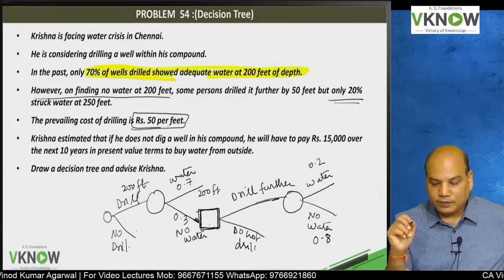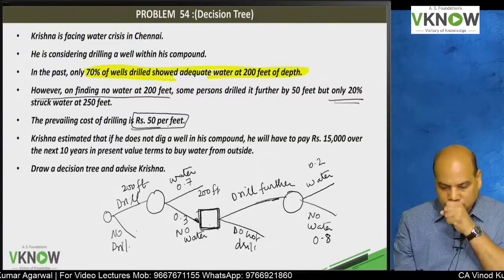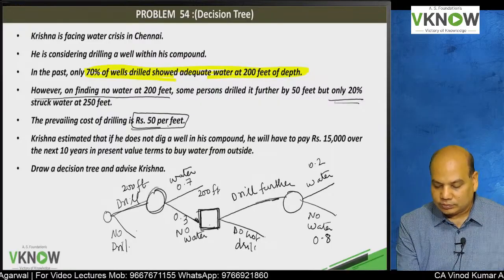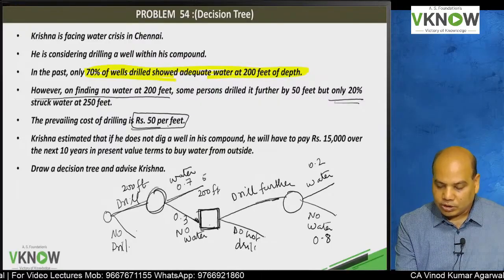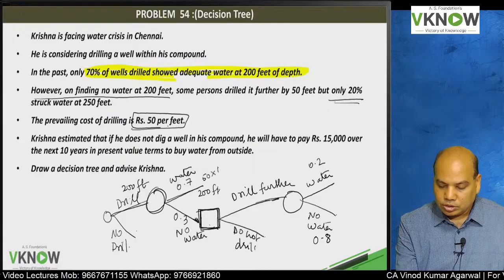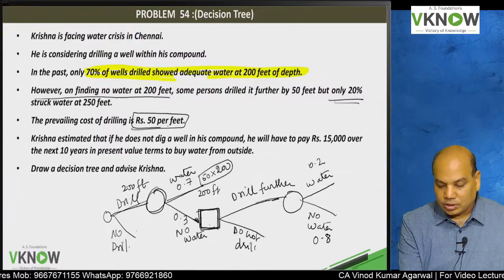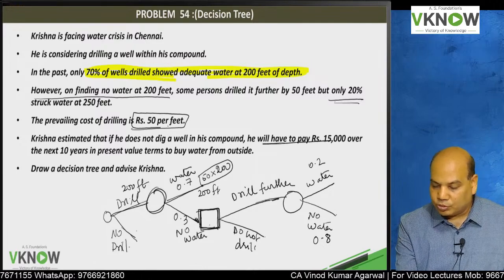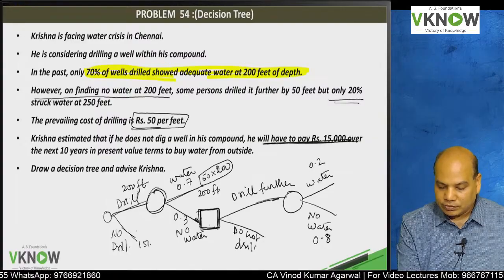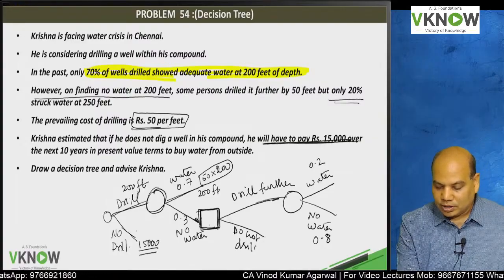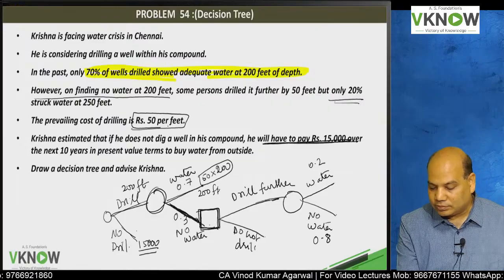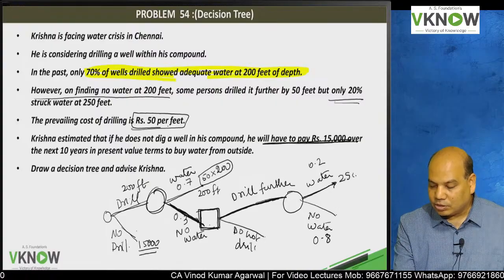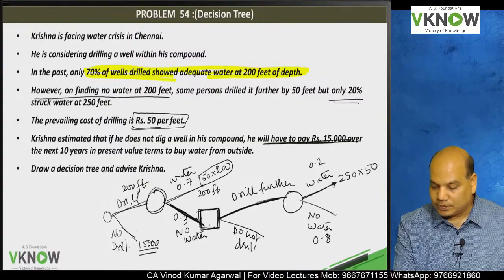If you drill, you have to pay 50 rupees per feet. So if I drill 200 feet and if I get water, my cost will be 50 into 200 feet. But if I do not drill, then I have to purchase water from the market and pay 15,000. If I do not get water, but I drill further, and if I get water, my cost will be 250 feet into 50.